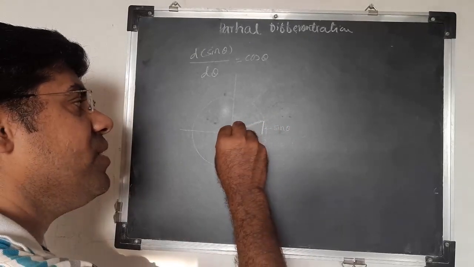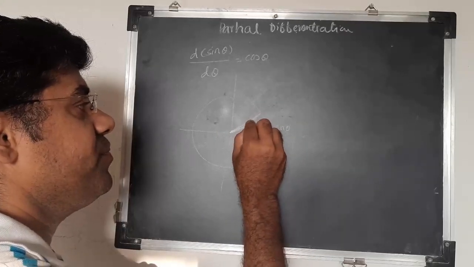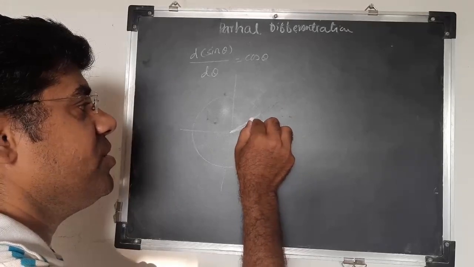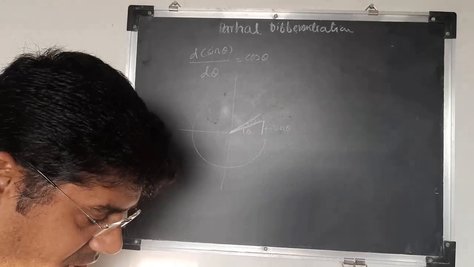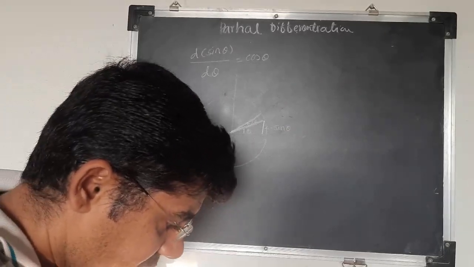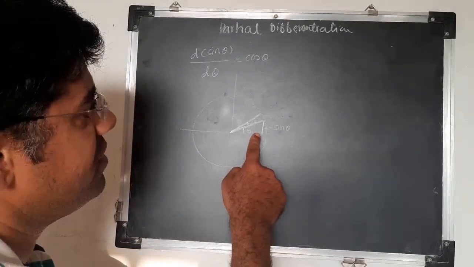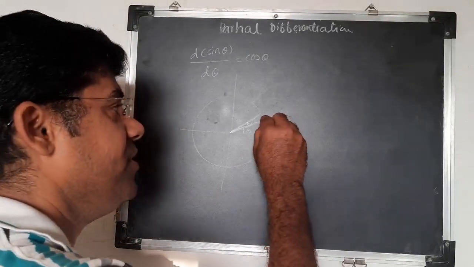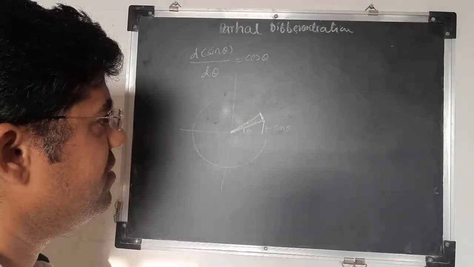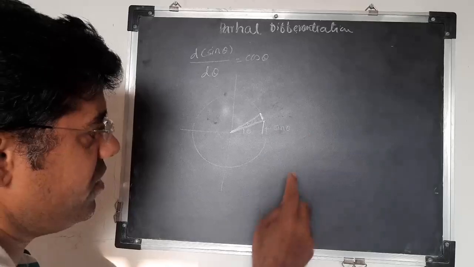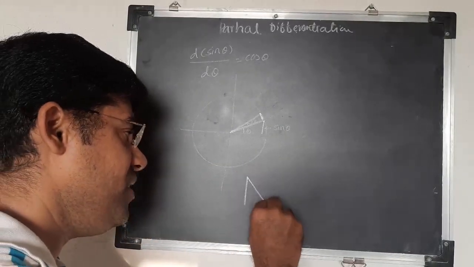Now if your angle is increased by a small amount, that is nothing but your d theta. So in the d theta case, we can say it is the tiny step. If you are doing the tiny step and this represents your right angle triangle, then at this particular point, what is the nature of that particular curve? It is just like here.